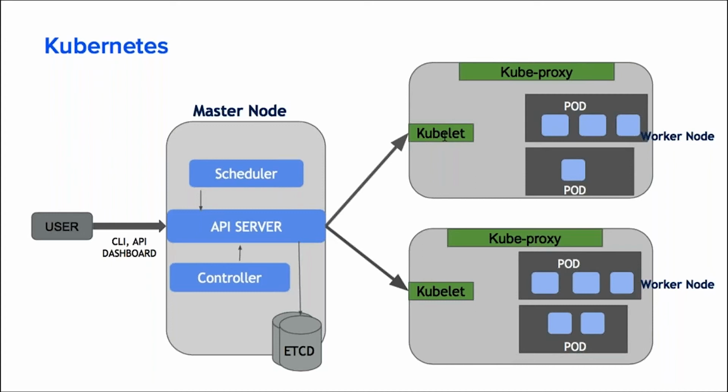In Kubernetes, the deployment unit is called a pod. A pod is a logical collection of one or more containers. For example, here you see there's a pod with 1 container, a pod with 2 containers, and a pod with 3 containers. So a pod is a logical collection of one or more containers, on which we run our application.